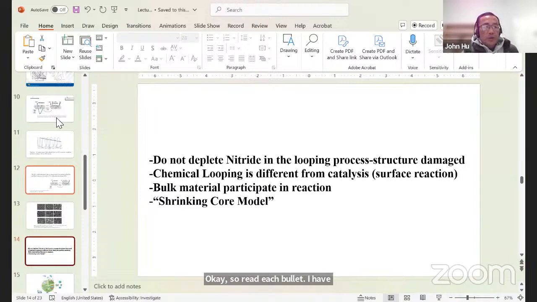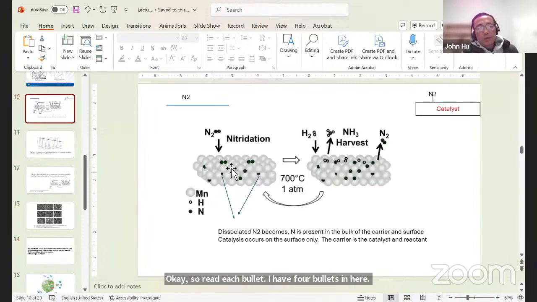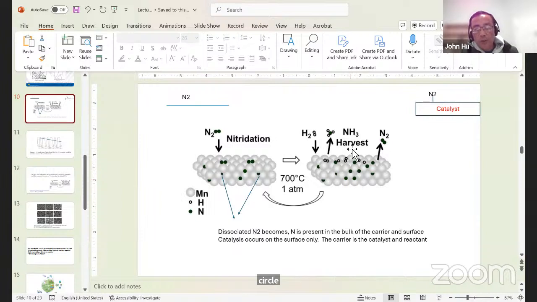So let's go back here. Let's say you have a nitride, okay? So if you put a nitride in here, and then you deplete all this nitride, okay, look at my circle. You deplete all this nitride in the bulk from ammonia.